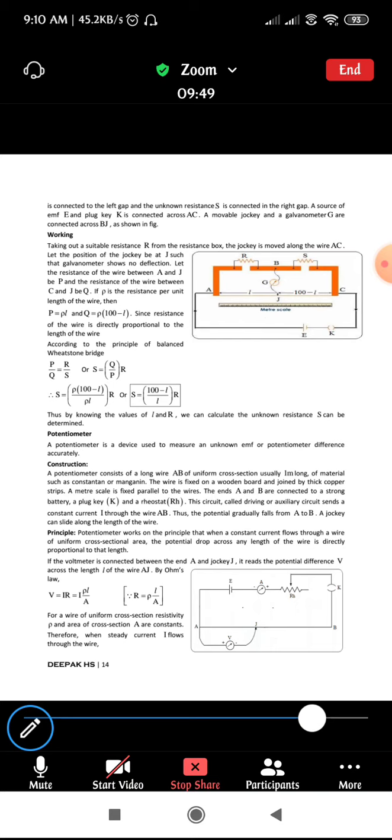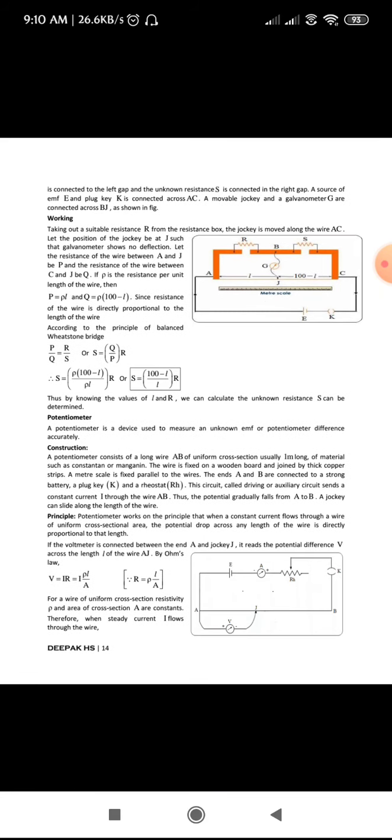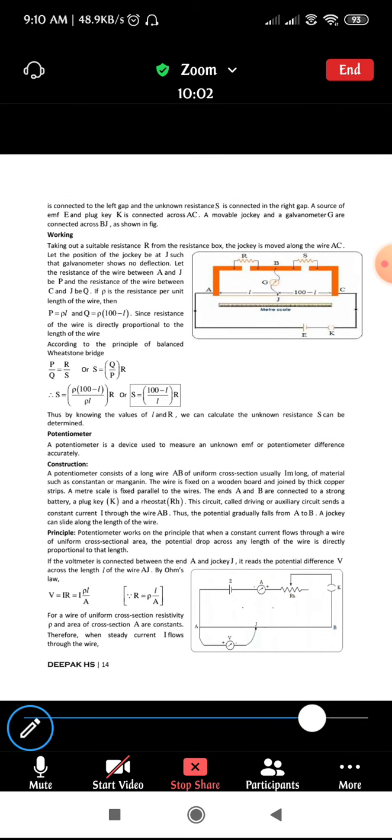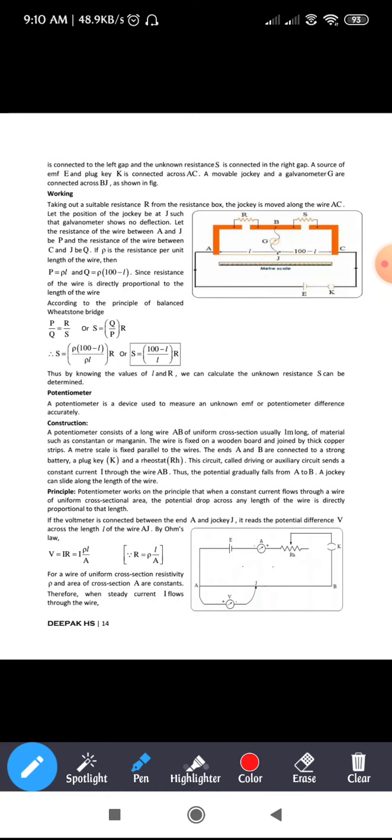We have taken two L-shaped metal strips, and a small metal strip which is straight in shape. When it is placed, it forms a left gap and a right gap. Here I'll just show it. This is an L-shaped metal strip and this is also an L-shaped metal strip, and we have taken one more metal strip, fixed at the center so that it provides the left gap and right gap. So this is the left gap and this is the right gap.